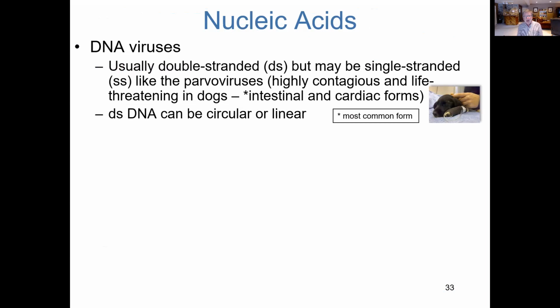It's a very nasty, dangerous group of viruses that kill lots of dogs every year. And again, I'm not going to get into specifics, but I do mention here the 2 types of parvoviruses, some of which can target the digestive tract, others cause heart issues with regard to the dog. SS, single-stranded DNA. DS, double-stranded DNA.